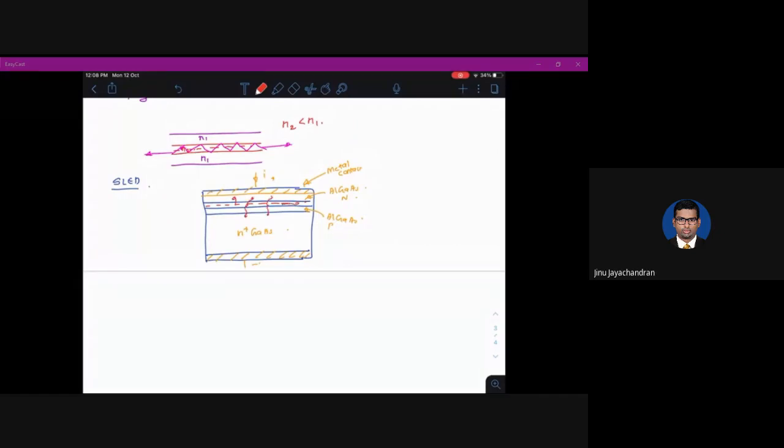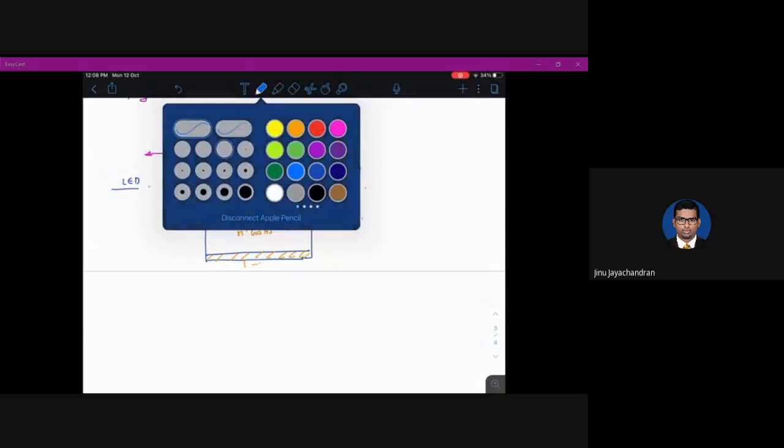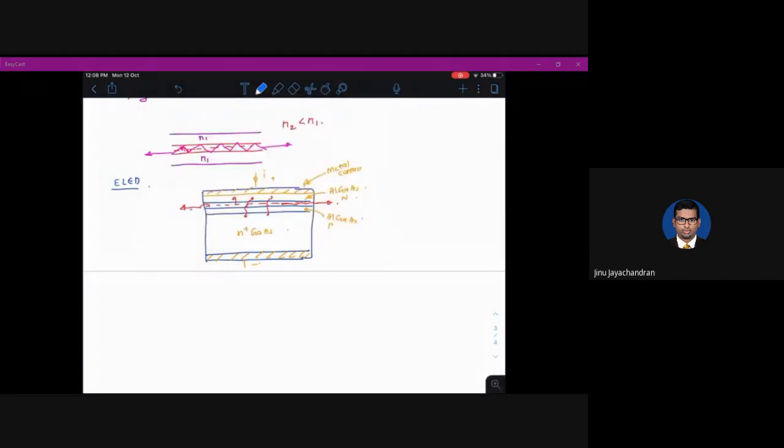The only light which comes out is through the sides. So this is not an SLED, this is called an edge LED, an edge emitting LED. Previously we saw in the surface LED, the light comes out to the top, not to the bottom, and top is preferred. But in the ELED, the light does not come out through the top, it comes out only through the sides.